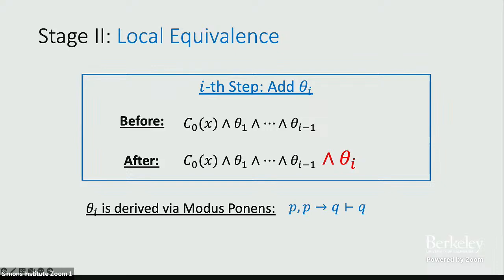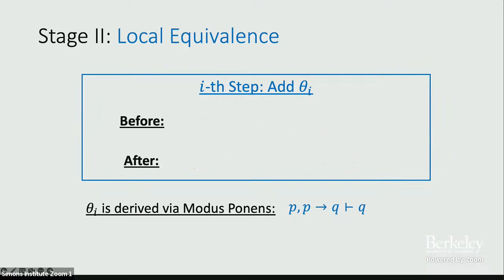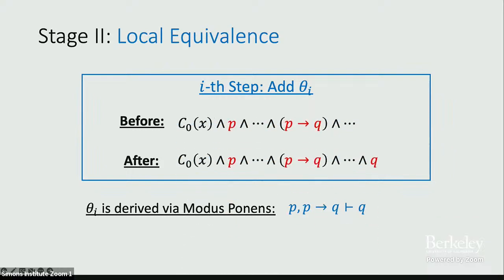Suppose the ith line θi is derived by modus ponens. That means there exists some proposition P, and proposition P implies Q somewhere in the proof. And the current θi is the proposition Q. Then we can identify the position of this P, P implies Q, and Q. If we look at the subcircuit formed by P, P implies Q, and Q: before we add θi, it computes a function on the left-hand side, which is P and P implies Q. And after we add θi, it computes a function on the right-hand side.